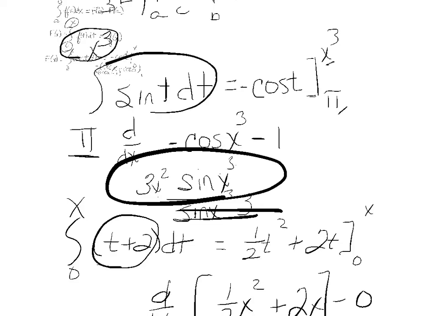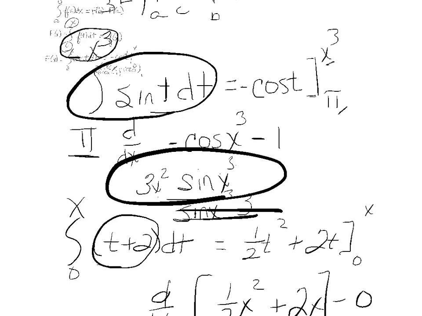Okay. Let's look at this one. Can you see a relationship between 3x squared sine x cubed and the integral of sine t dt with that x cubed up there?